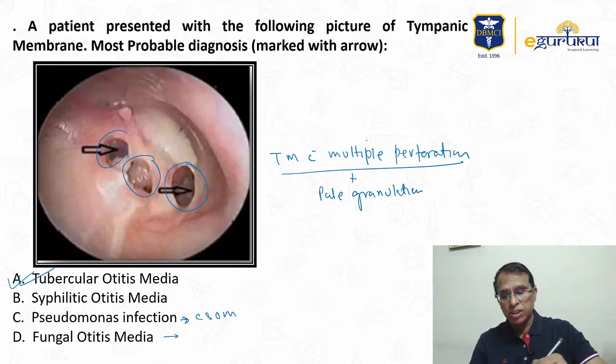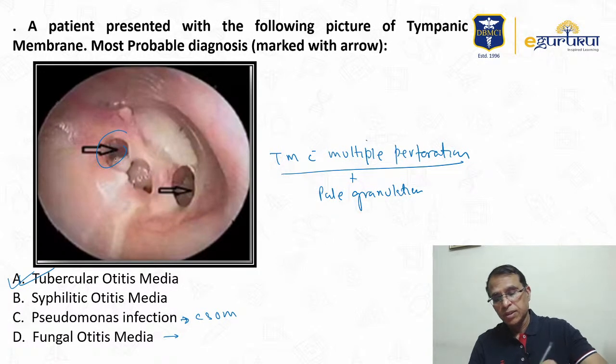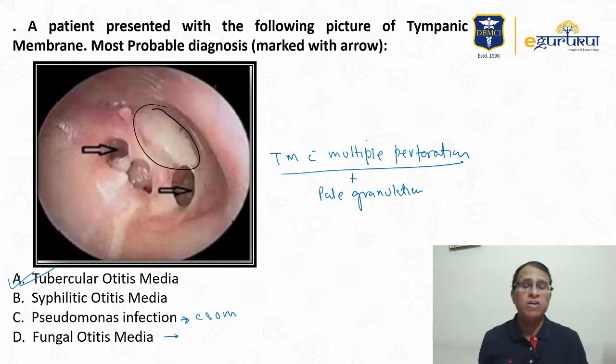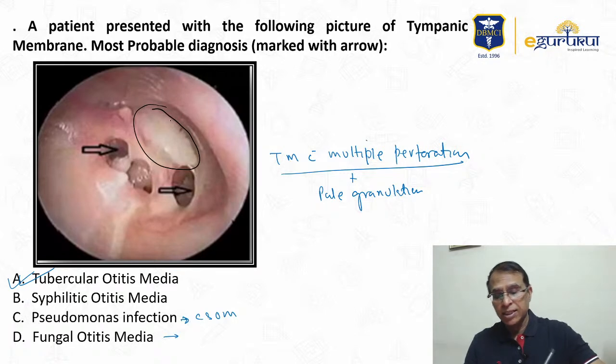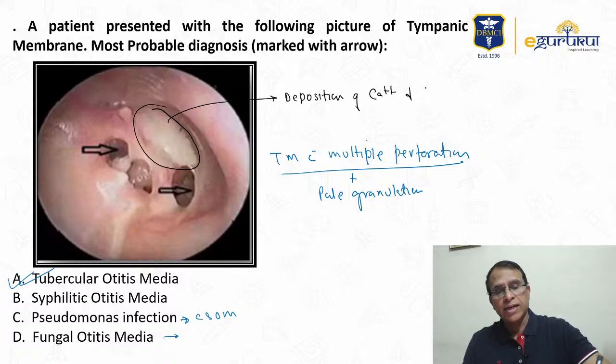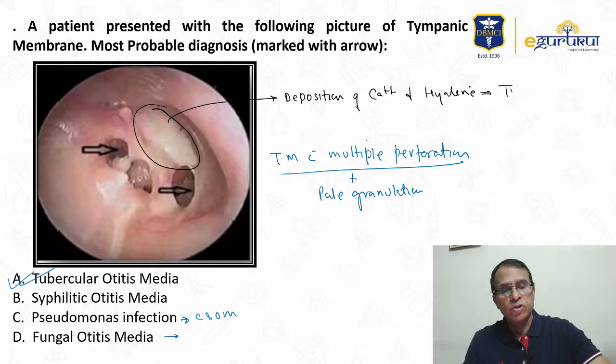you're asking about this patch, this whitish patch, isn't it? It's a very good observation, very nice observation. This looks very different from the rest of the tympanic membrane, and this is due to deposition of calcium and hyaline, and this condition is called tympanosclerosis.